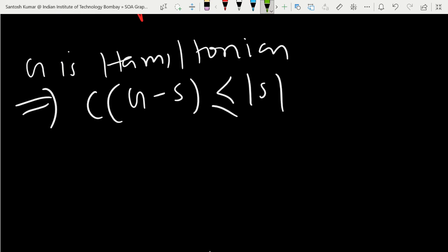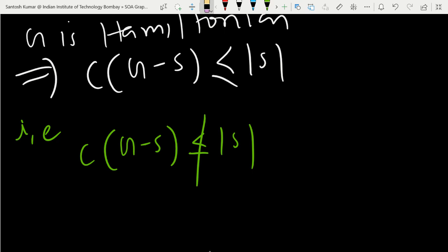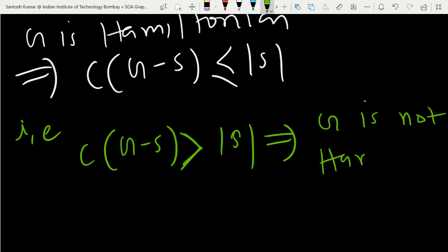And I want to write the contrapositive of this. In other words, if the number of components in G minus S being less than or equal to |S| doesn't hold, meaning the number of components is more than |S|, then you can surely say G is not Hamiltonian.